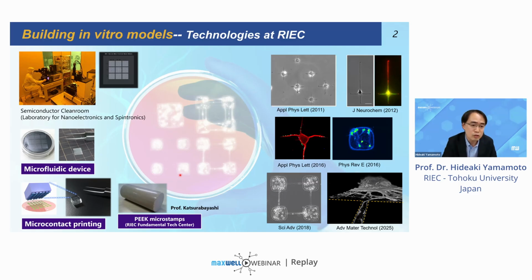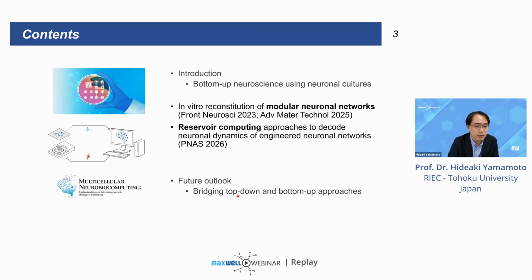And what we do with these tools is that we take control over the growth of living neurons in a petri dish to build in vitro models that capture the essence of complex in vivo networks. And today I'll first start by describing the background of our research, what we want to do at the interface of neuroscience and microfabrication.